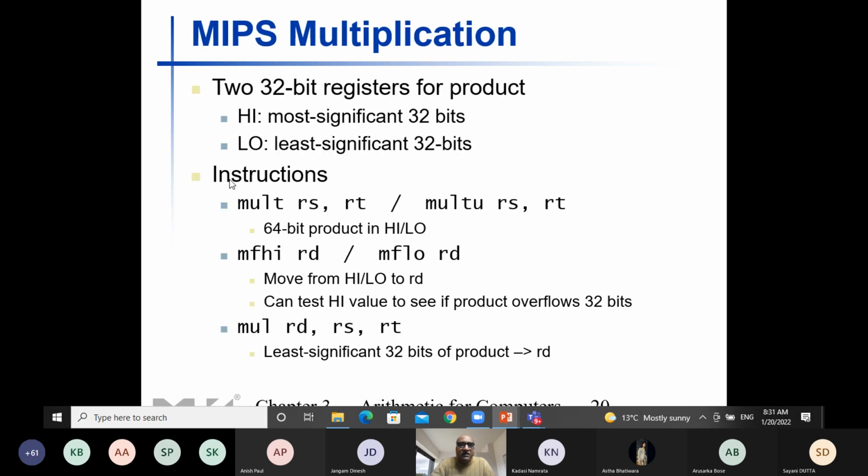So these are the instructions used by MIPS for taking care of the multiplication process. Note that these multiplication instructions are pseudo instructions. That means the actual hardware will not perform this multiplication directly. The actual hardware will perform the multiplication using adder circuits and shifters, based on those basic operations.